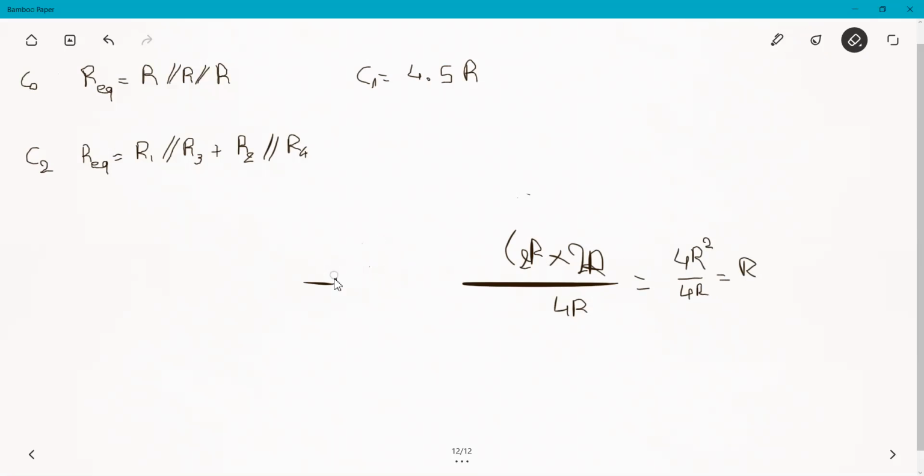As soon as you have two equal resistors in parallel, their equivalent resistor is half of one of them. But if you don't remember this, that's fine.